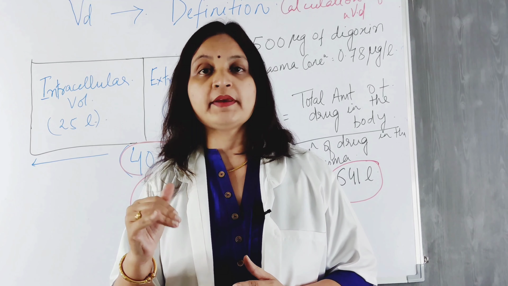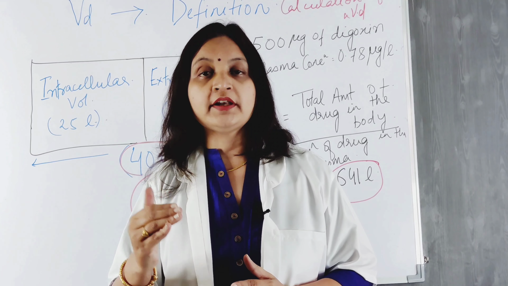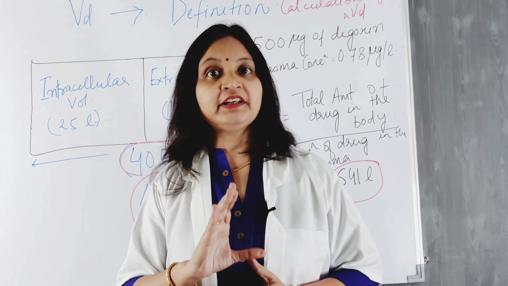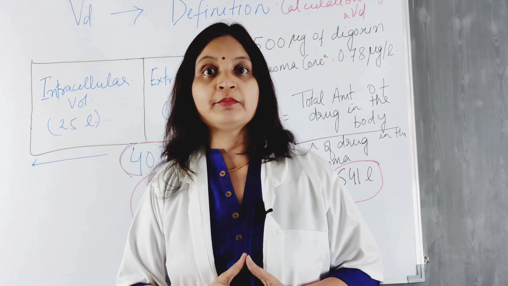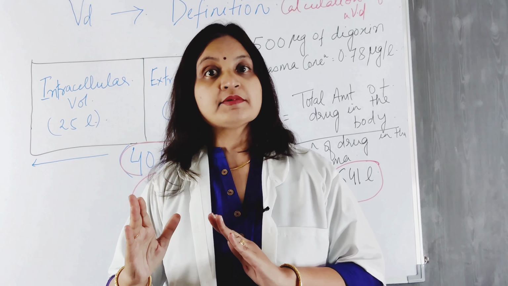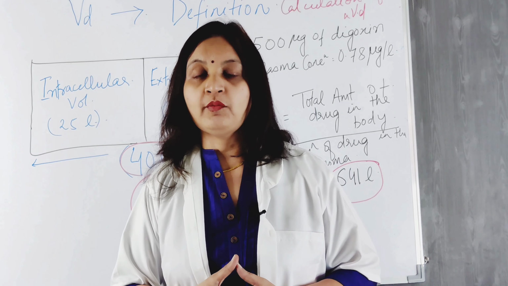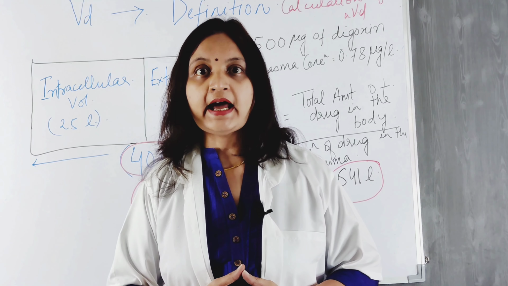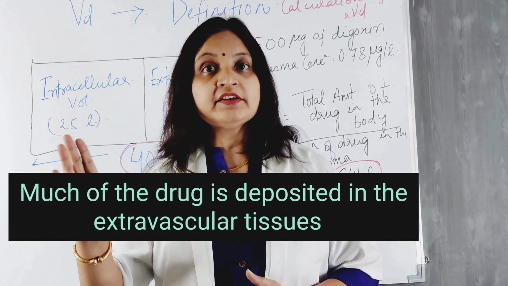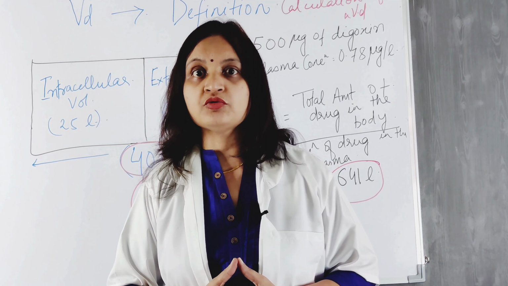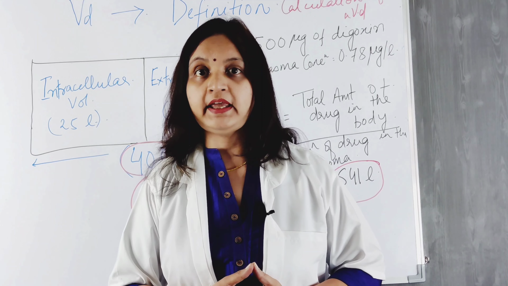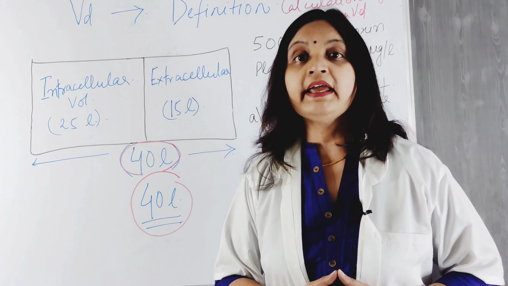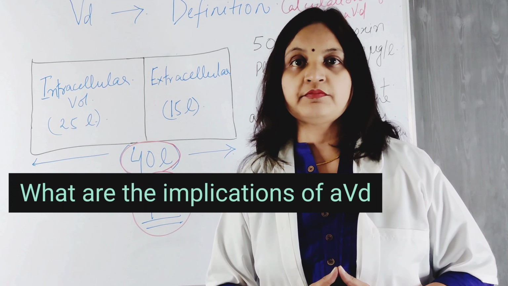It appears to be the volume of distribution, but it is not the real volume, because the real volume is only 40 liters and the volume derived from the calculations is 16 times higher, which is 641 liters. Secondly, it implies that the drug is widely distributed in the extravascular tissues and very little drug is present in the vascular compartment. Next, what are the implications of volume of distribution?